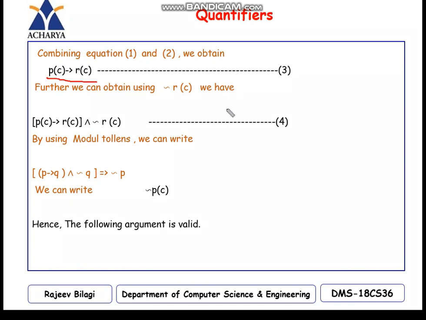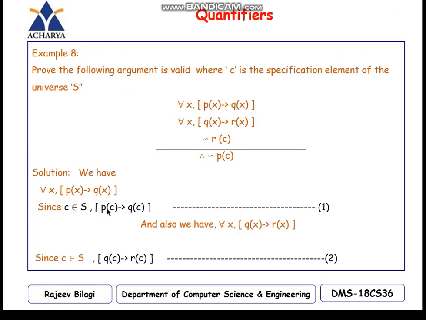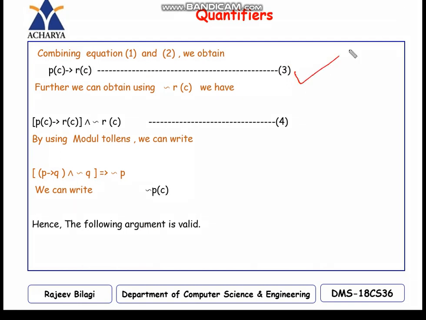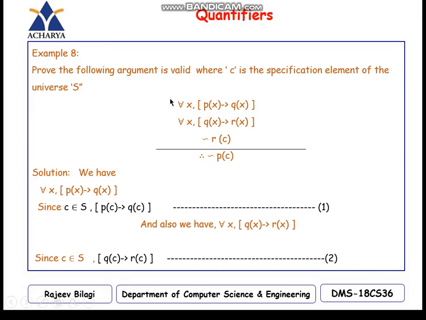If you look at P of C to Q of C, Q of C to R of C, you apply the law of syllogism, you will directly get P of C then R of C. Now the result of the AND of these two is P of C to R of C. Now with that I have to find the AND with this negation of R of C.